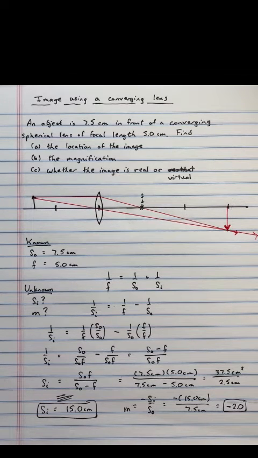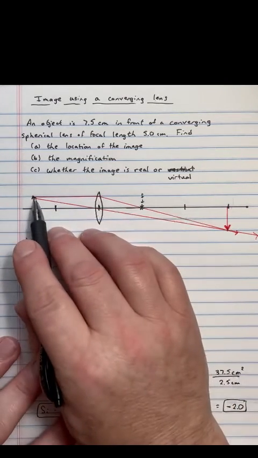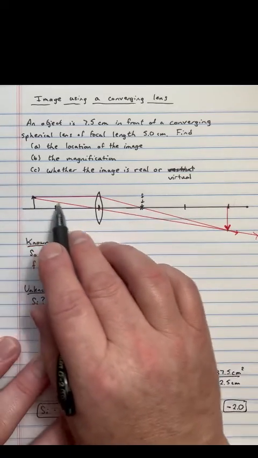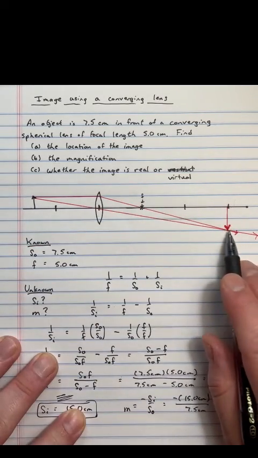What does that mean? A real image is when the actual physical rays themselves meet up and create an image. And that does in fact happen. A ray travels through the lens, goes all the way over here. Another ray physically travels through the lens, goes here, they meet.